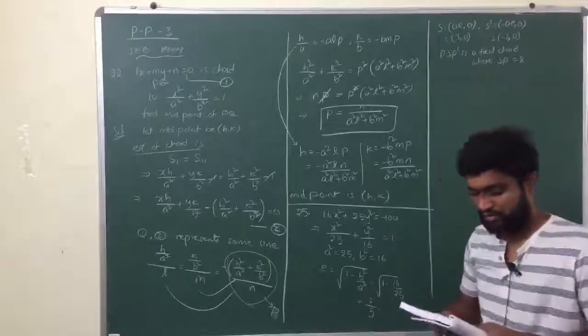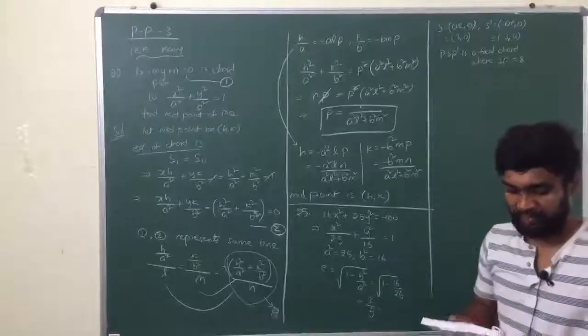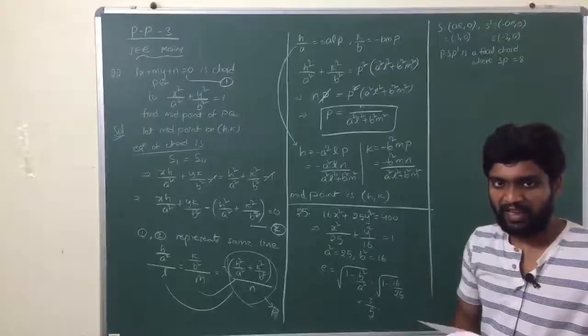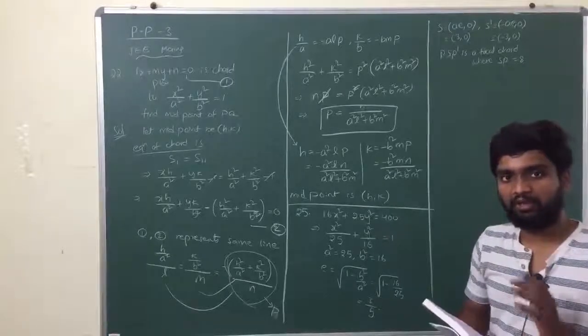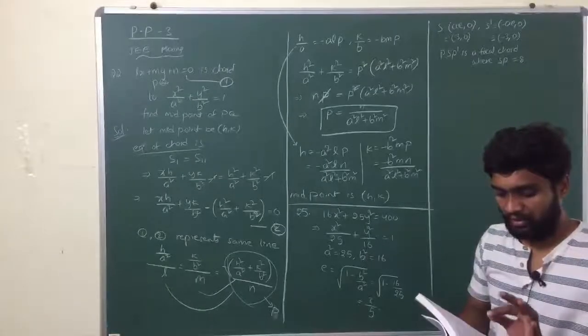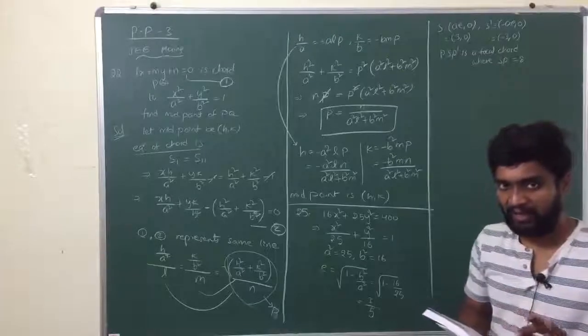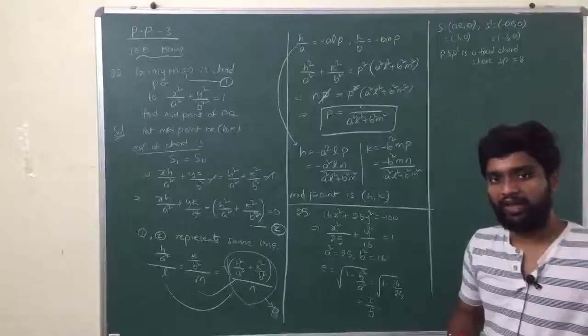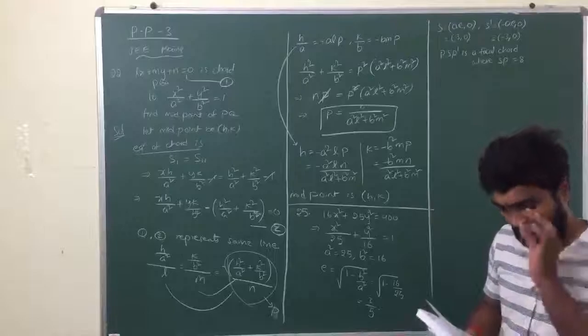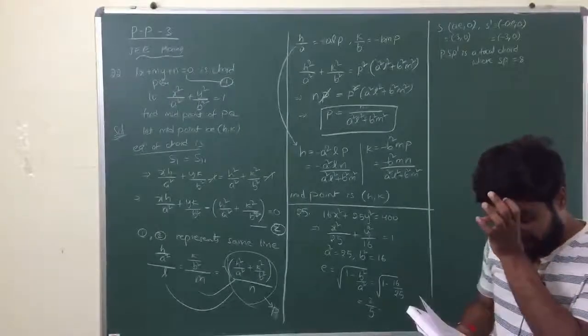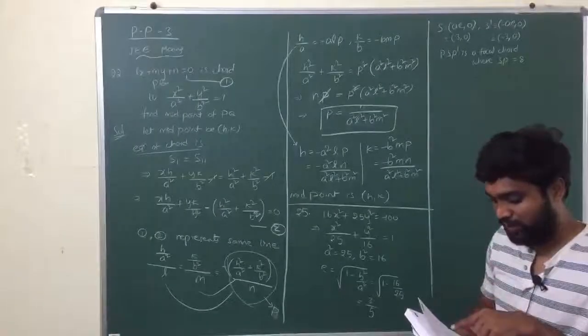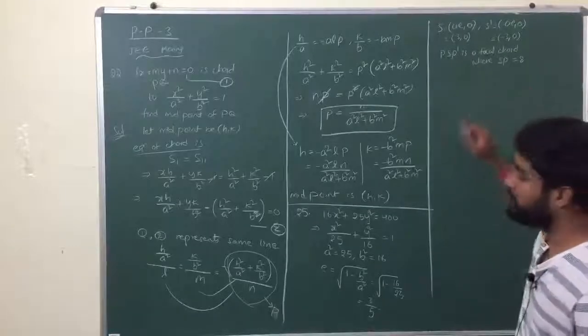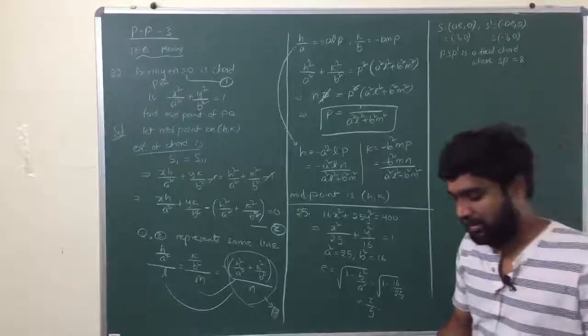First one, sp plus s dash p, which is 2a, that is always constant. See, a is sp plus s dash p, which is always a constant. Its value is 2a. So next one s dash p. So we already know sp. So all we need to find is s dash p.